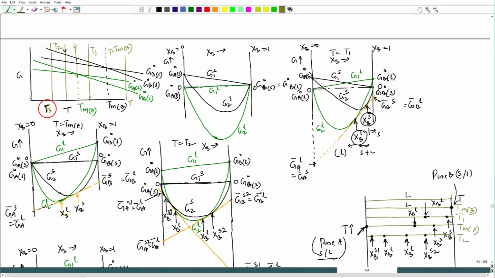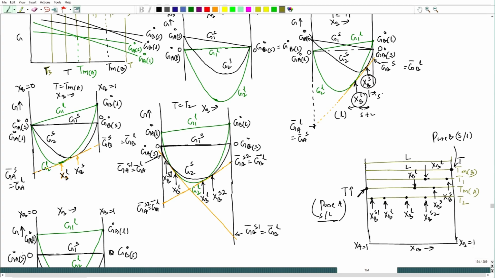Just change that, because after T2 we should consider T3 rather than T4. So at T3, let us say this is T3. At T3, we see that it is actually at some locations like this. You have to just make that adjustment.